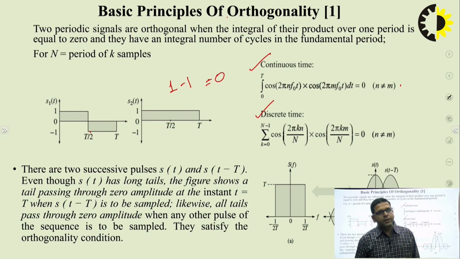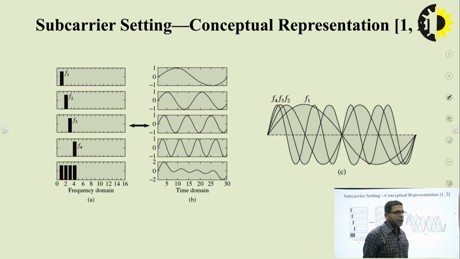So, if two signals satisfy these conditions, they are certainly orthogonal with each other. Here also the subcarrier setting is demonstrated.